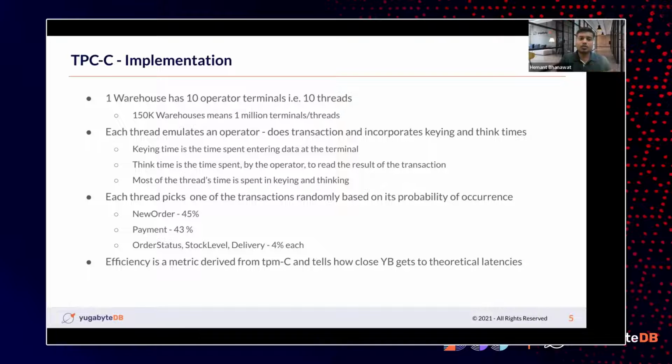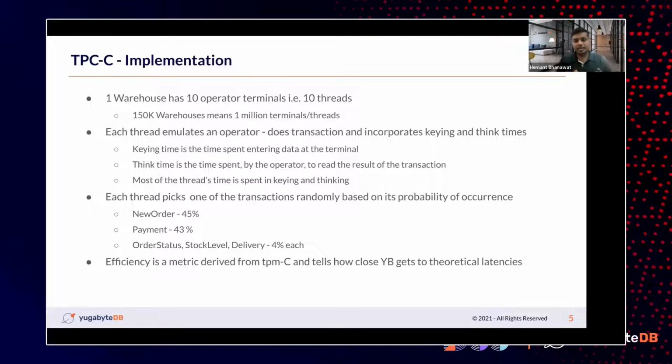For any warehouse, we have about 10 threads, and in a 150K warehouse scenario, we will have 1.5 million threads doing concurrent operations, or simultaneous transactions.